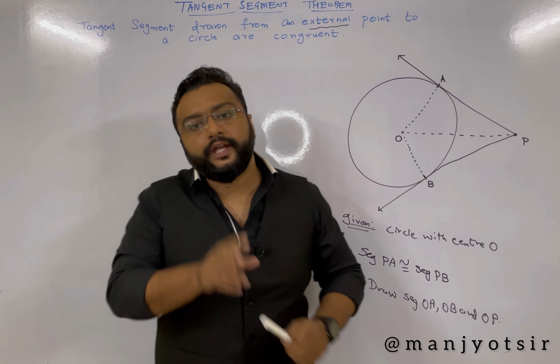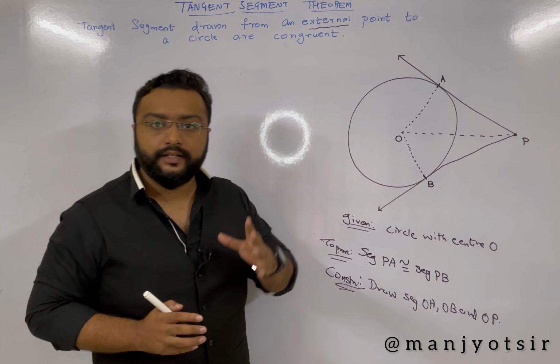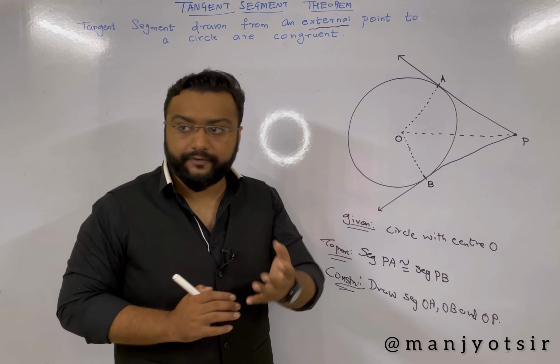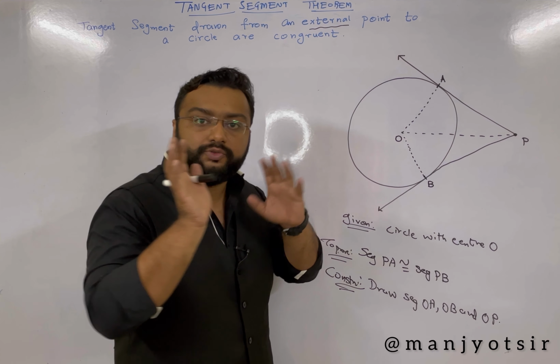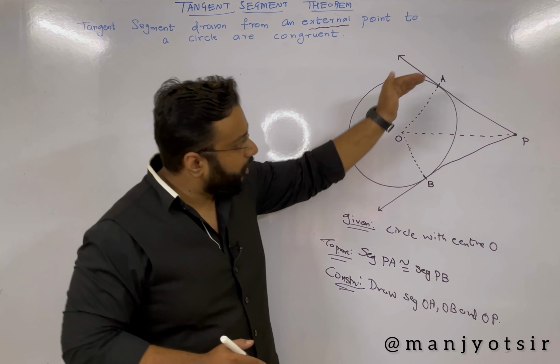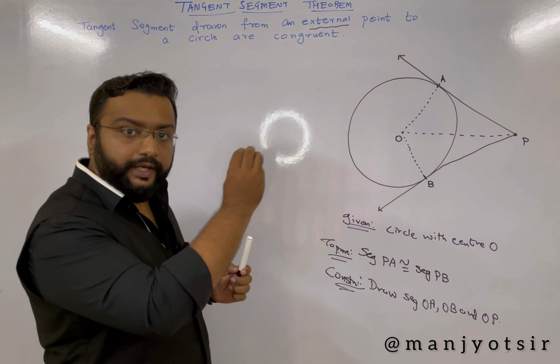Now recollect, to get two triangles congruent, how many conditions do we need? Think. Very good. To get two triangles congruent, there should be three conditions. And we all know if we get three conditions, then we can use one of the tests of congruency. Very good, super. Now observe here. Observe OA and OB. Observe carefully, OA and OB.